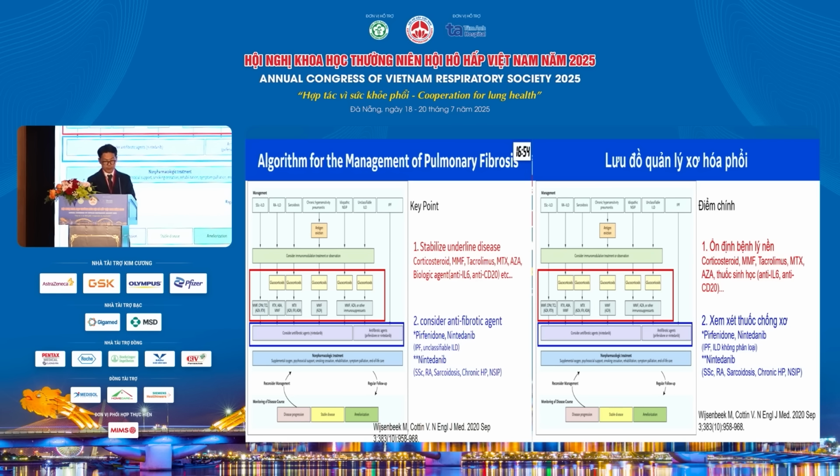If the fibrotic process has progressed, then consider antifibrotic agents such as pirfenidone and nintedanib, approved for IPF and other unclassifiable ILD, and approved for CTD, chronic HP, NSIP, and IPF.